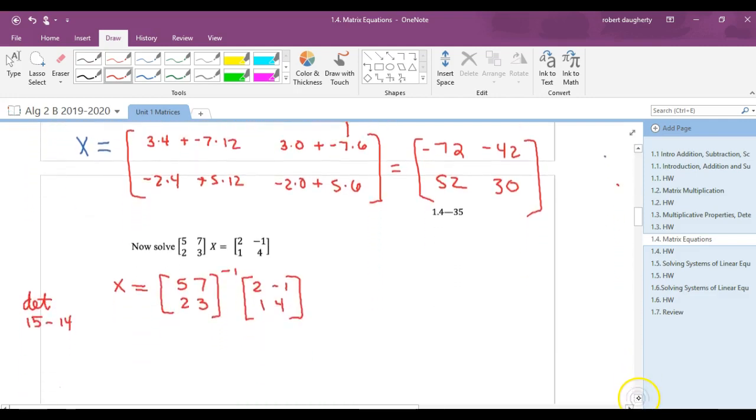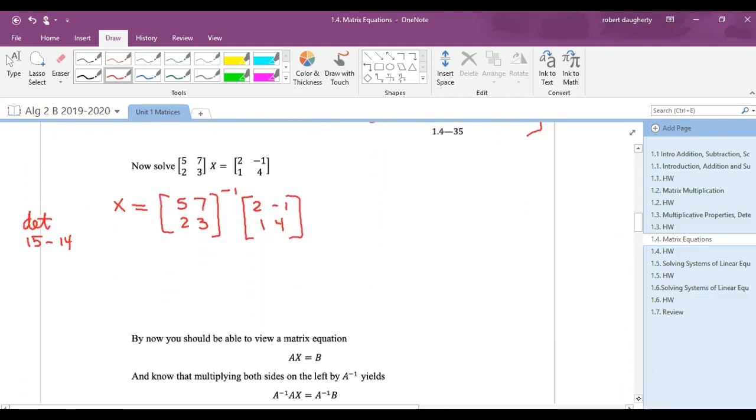So anyway, the determinant is 1. So this is going to be x equals 1 over 1. We determined the inverse of this is 3, 5, negative 2, 7. So I didn't have to go through that process again. The inverse was the same, but it's just multiplied by a different matrix.